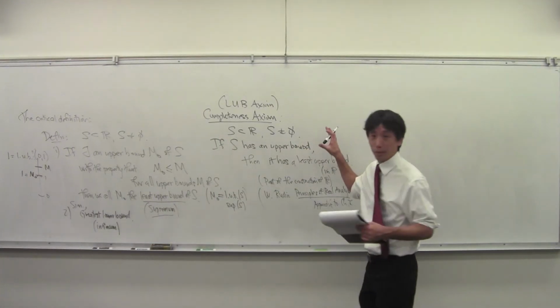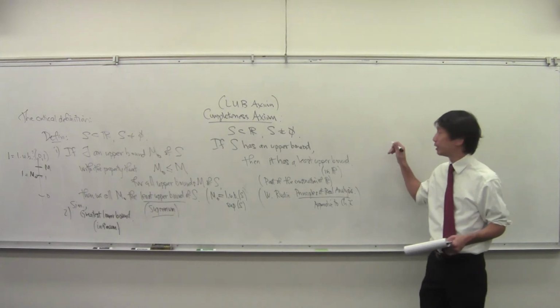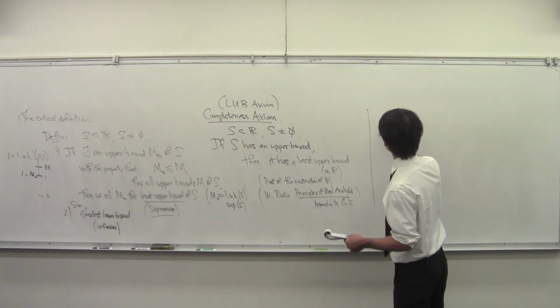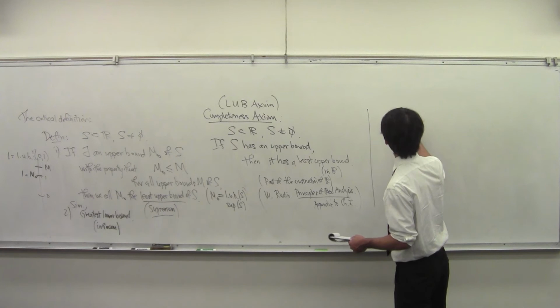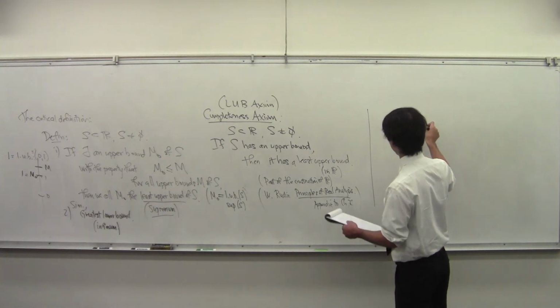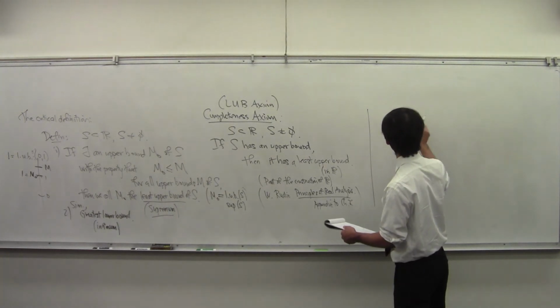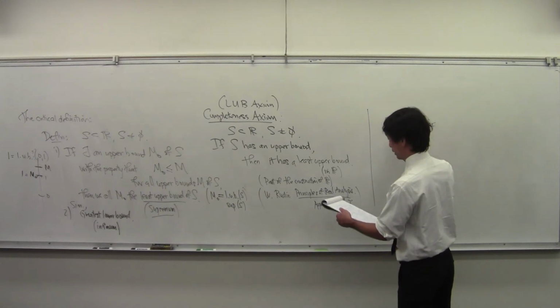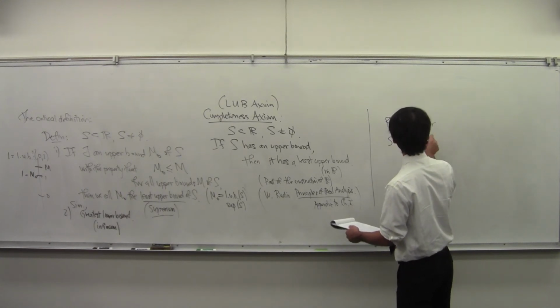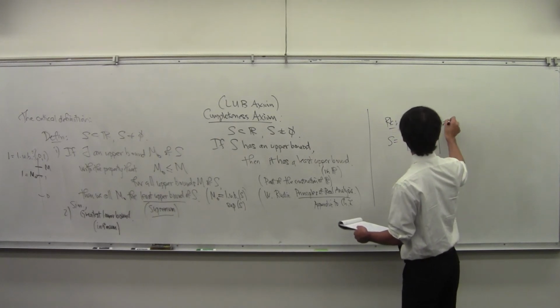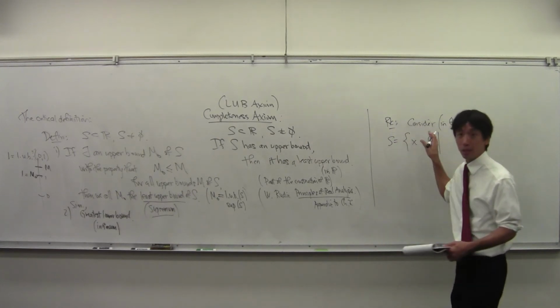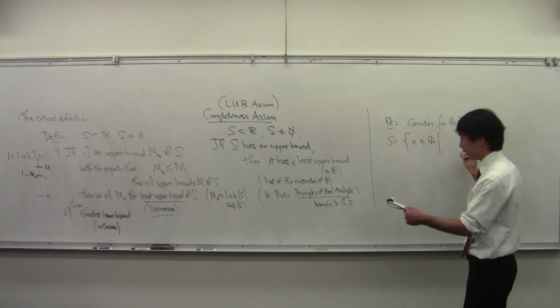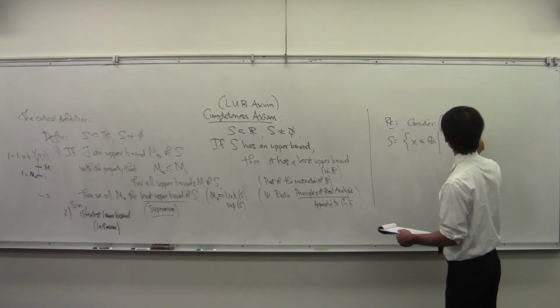Okay, so let me just say one thing. This is the property that R has that Q doesn't have. Suppose we're in Q, the rational numbers, and we consider the numbers whose square is less than 2.